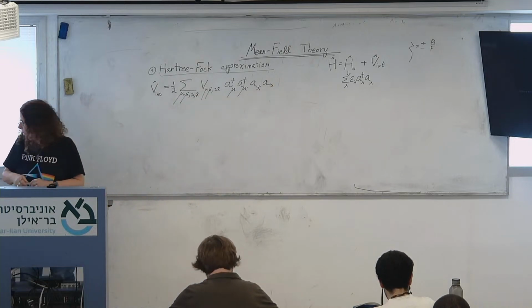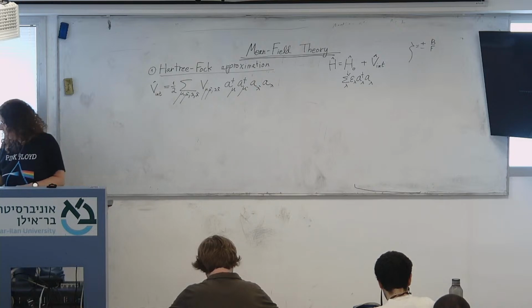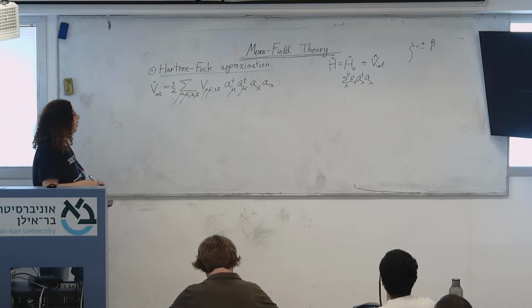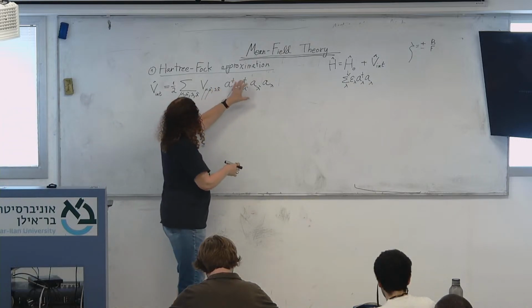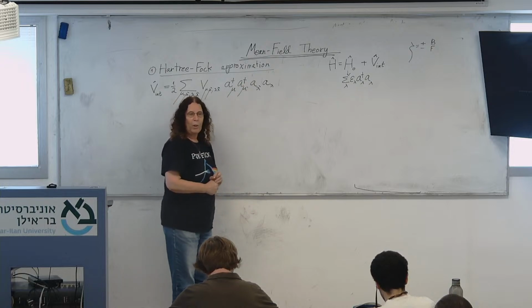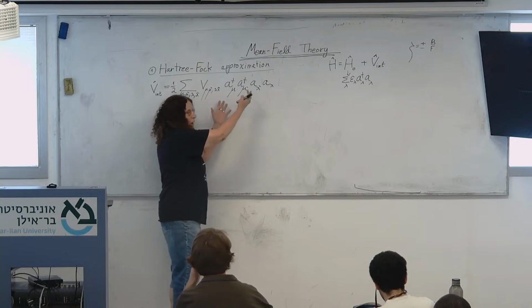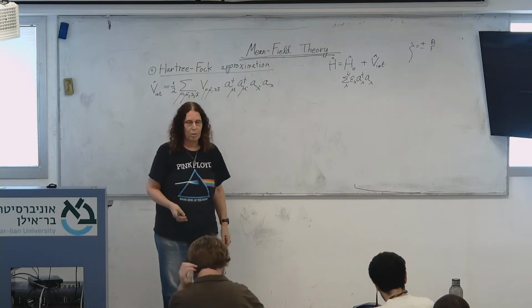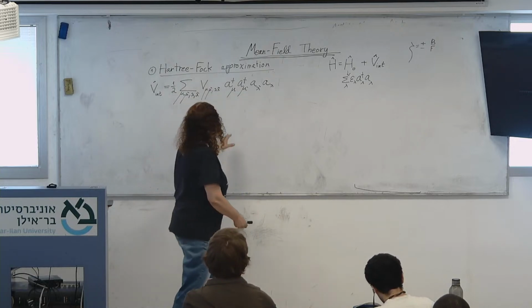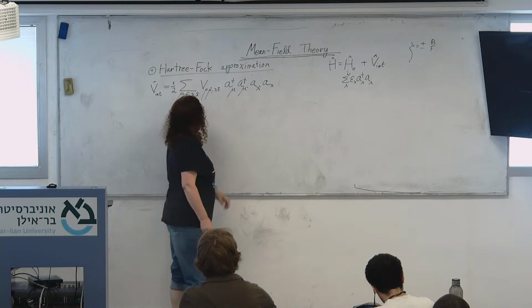Okay, so this is it, and now the mean field idea is the following. We don't like to work with two-body operators because we don't know how to solve generally the Schrödinger equation when both one body and two body are together.